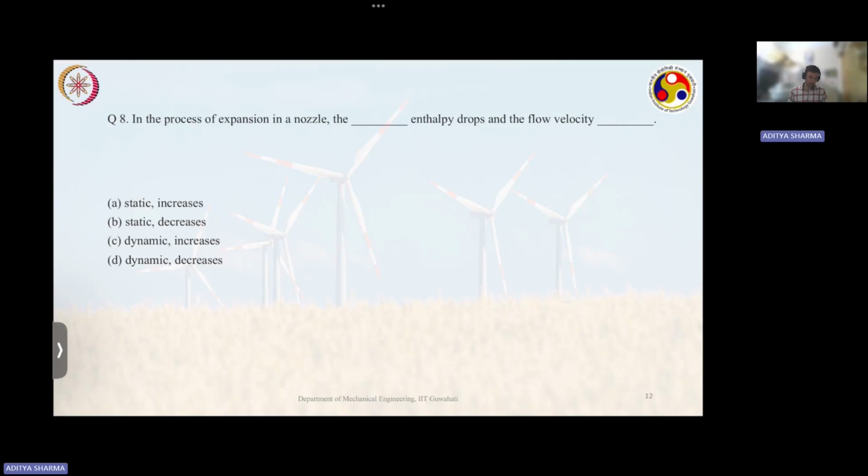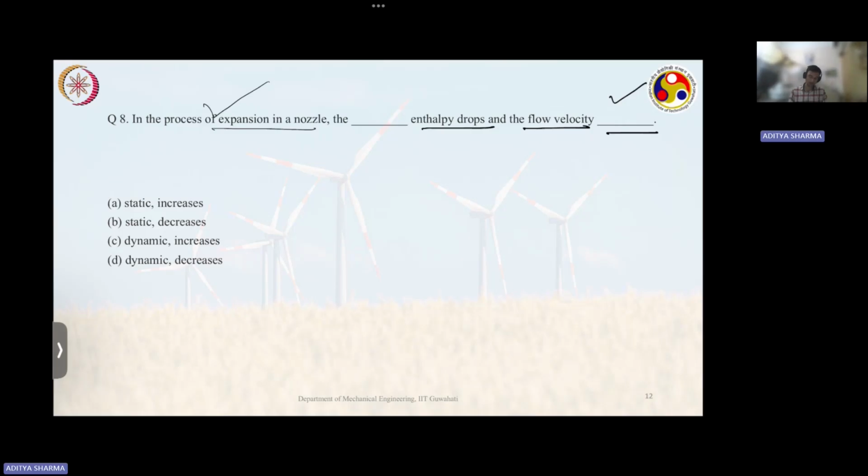In the process of expansion in a nozzle, the enthalpy drops and the flow velocity dash. So when the expansion in a nozzle takes place, what happens to enthalpy, and which type of enthalpy is it?